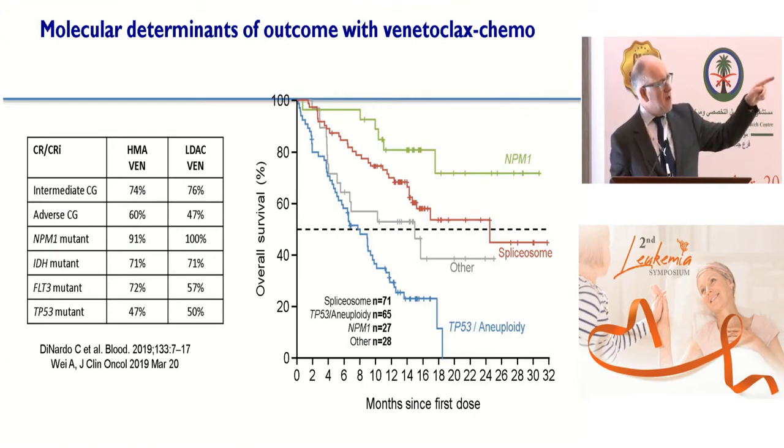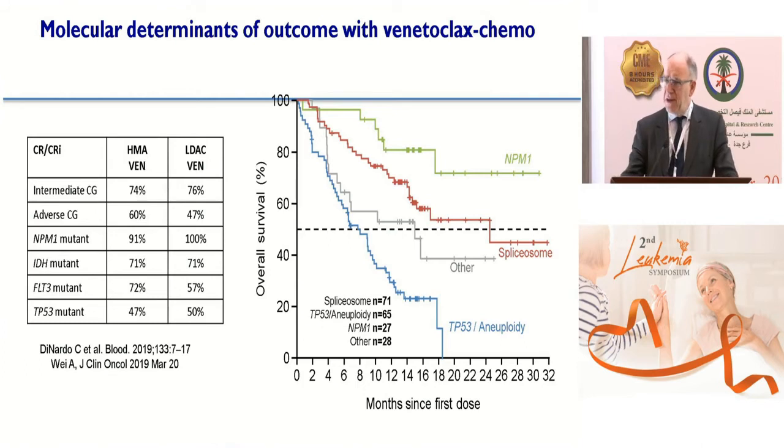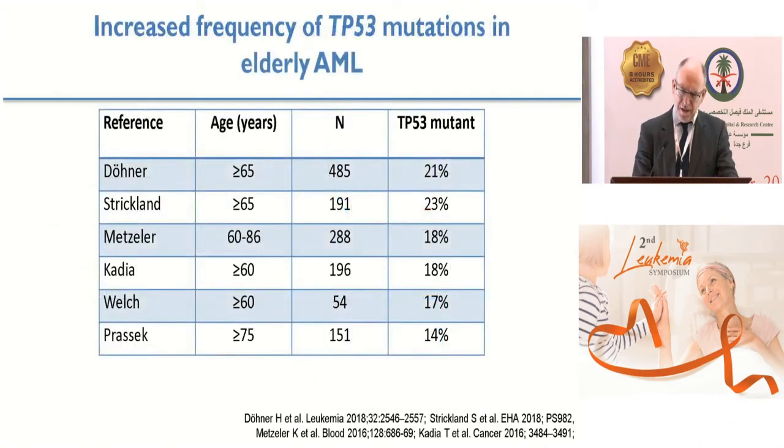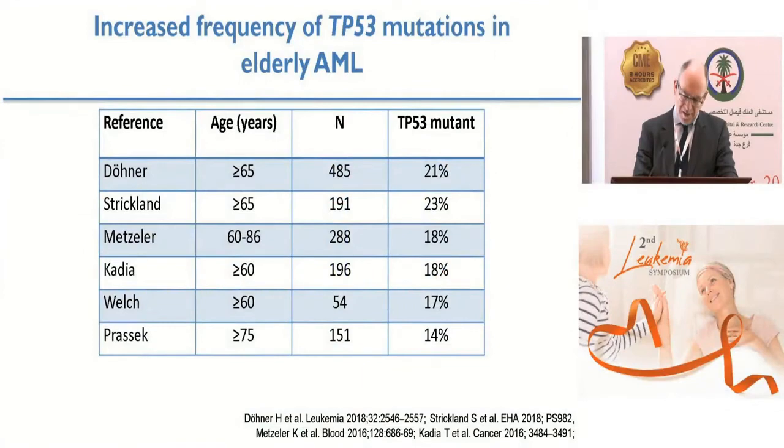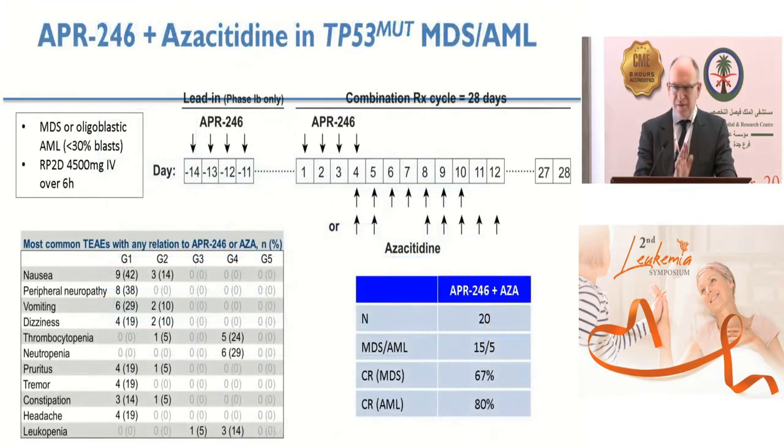But if you have such impressive data replicated in prospective studies, it may be that there are some groups who get 3+7 who we can move towards other therapies, but we need the randomized data. And finally, just to say TP53 is a bad player, isn't it, in AML? It's common in older AML, and there is an APR-246 agent, which is looking promising, but we need more data.